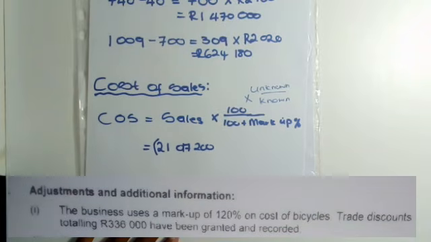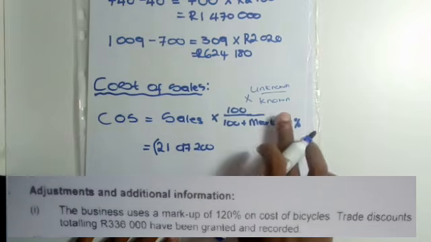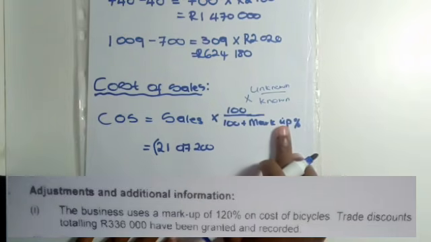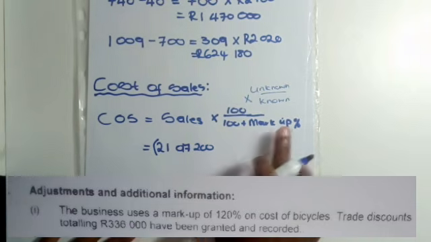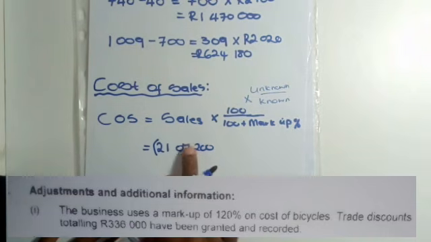Now, our information B, Roman figure 1, reads as follows. The business uses a markup of 120% on cost of bicycles. Now that is relevant information because we will need to know how much we are putting here. And then it says trade discounts totaling 336,000 have been granted and recorded, meaning when they're saying it's recorded, we can safely assume that they took it out of this 21 million.